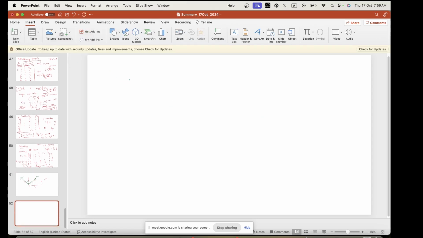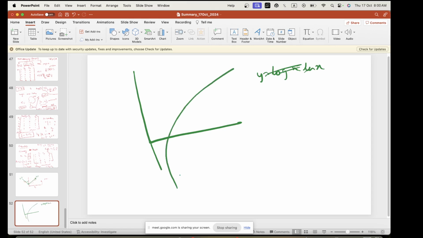Let's say, how does your y equal to ln x look like? This curve will look something like this, right?